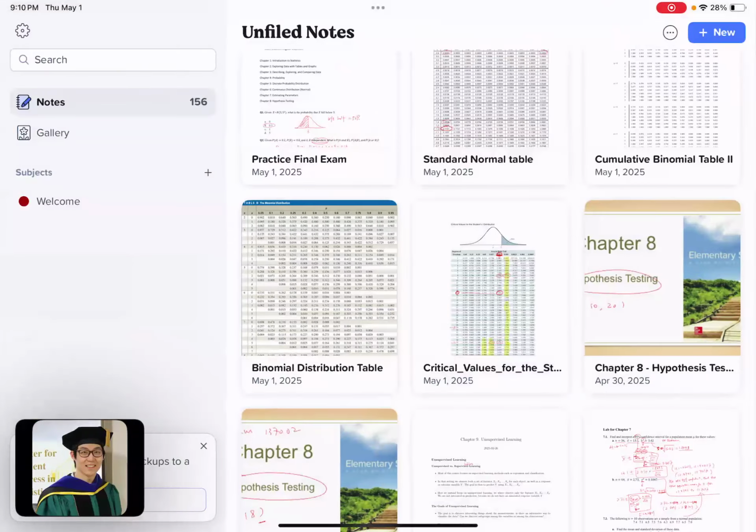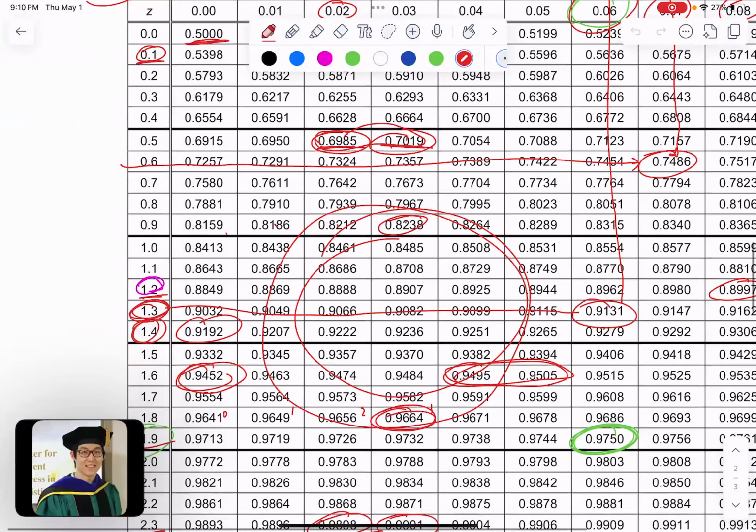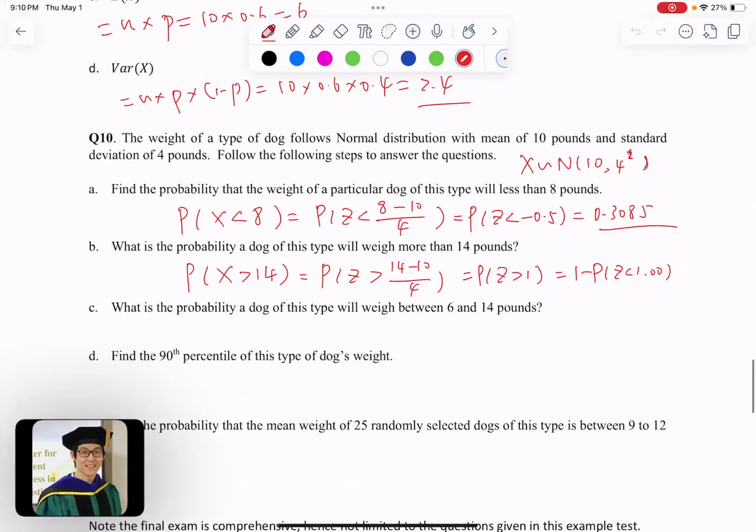So we check the table. 1.00, 0.8413. Don't forget there's a 1 minus in front, right? So 0.1587. That's the answer.